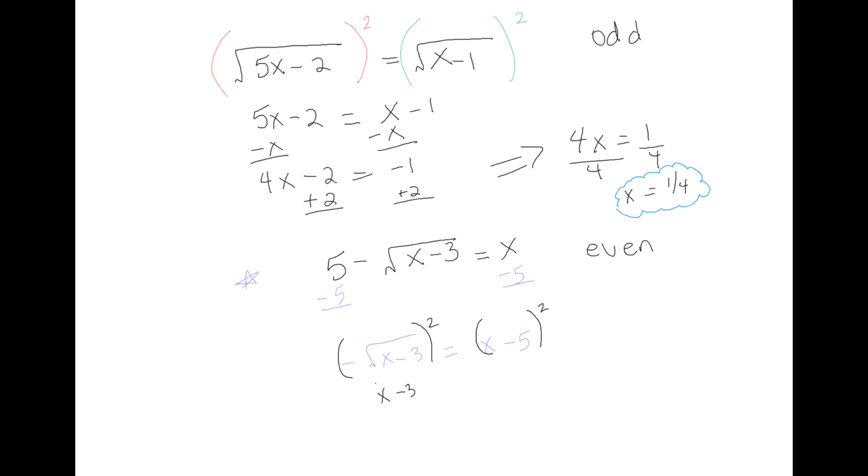And then this side is x minus 5 times x minus 5, so it's a little longer. x times x is x squared, minus 5 times minus 5 is plus 25.